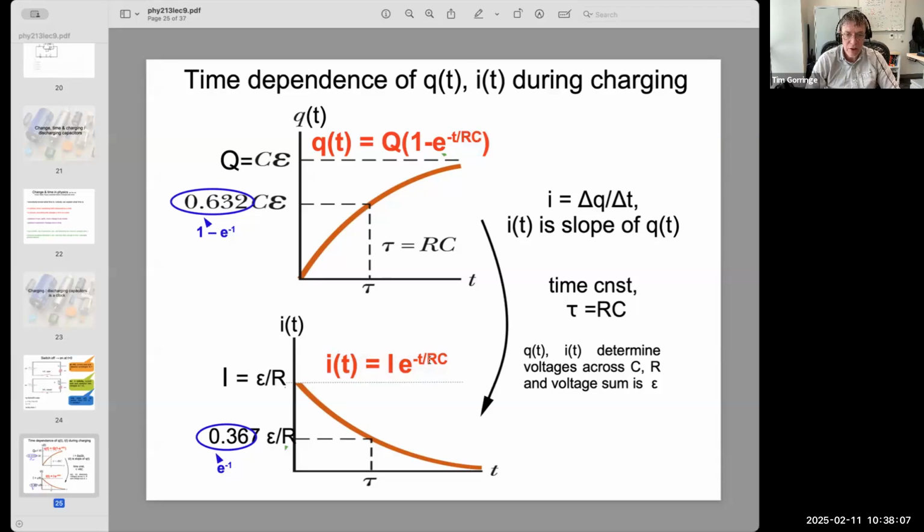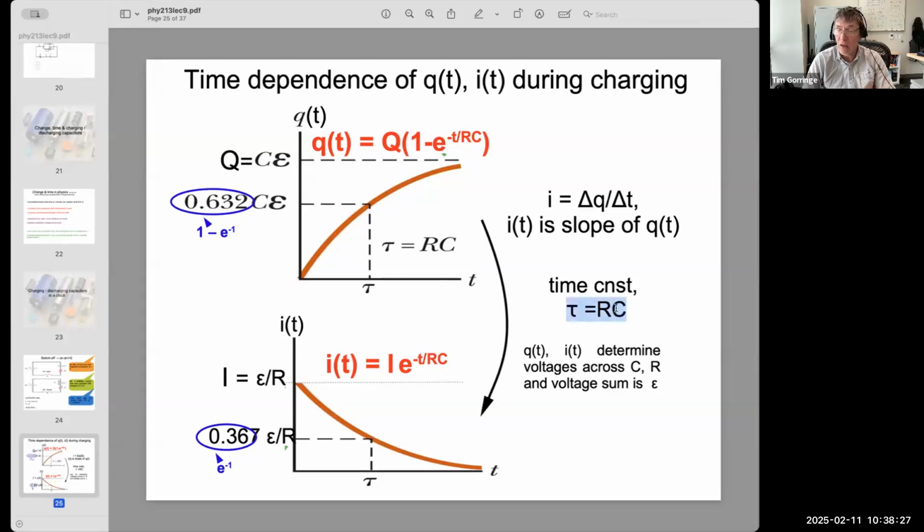The time scale of the current flow is determined by RC, the time constant. And in that sense, this is a clock with a tick, a time constant that is RC. So if you change R and C, you'll stretch out or shorten the time constant correspondingly.